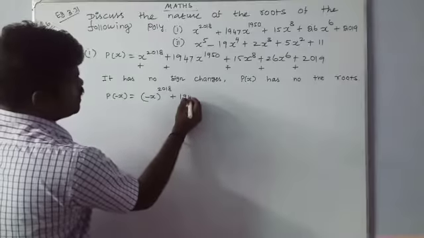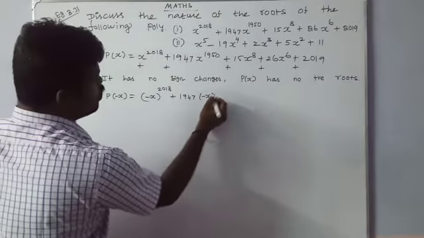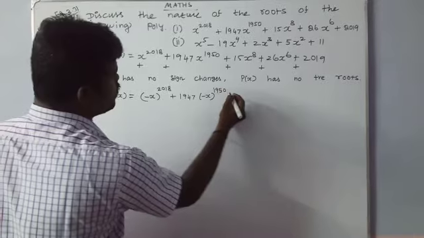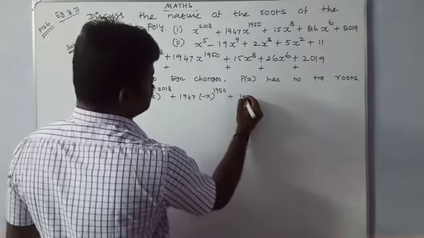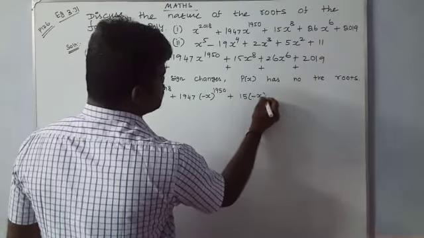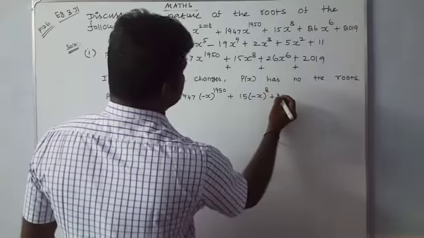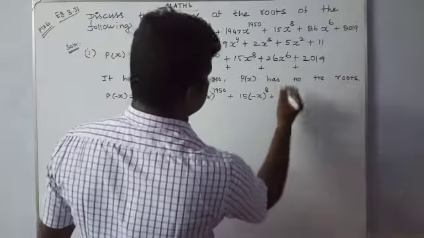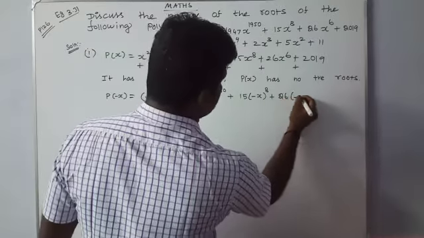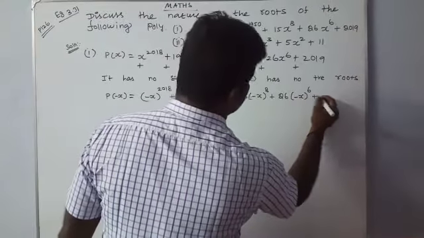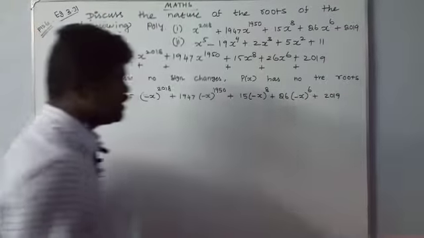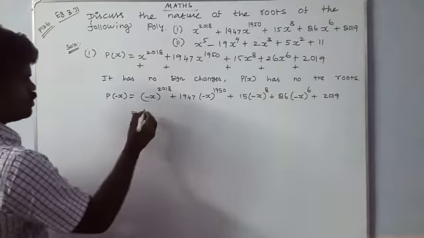Here minus x whole power 2018 plus 1947 minus x whole power 1950 plus 15 into minus x whole power 8 plus 26 into minus x whole power 6 plus 2019. So what are the values?